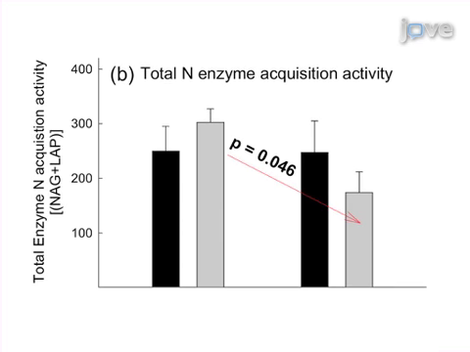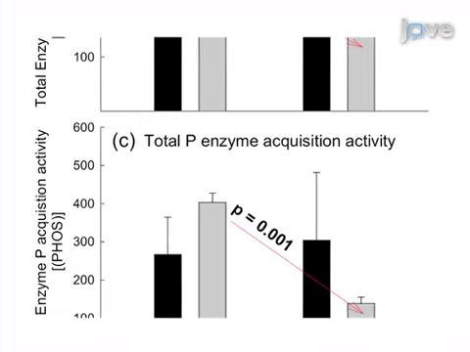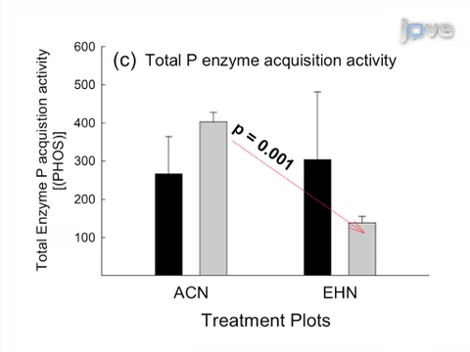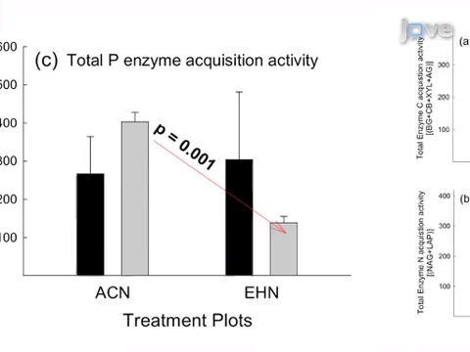The sum of beta-1,4-N-acetylglucosaminidase and L-leucine aminopeptidase was calculated to represent potential nitrogen cycling activities. Phosphatase was used to represent potential phosphorus cycling activities.